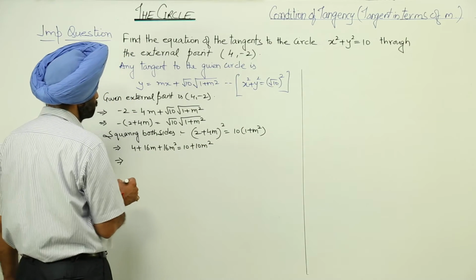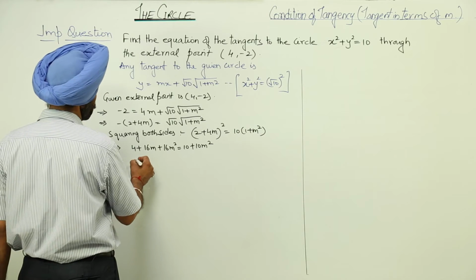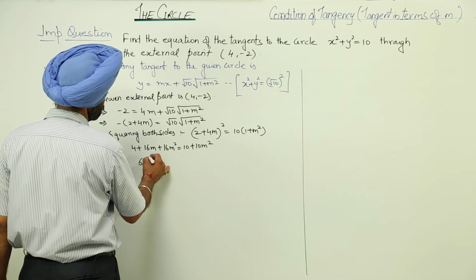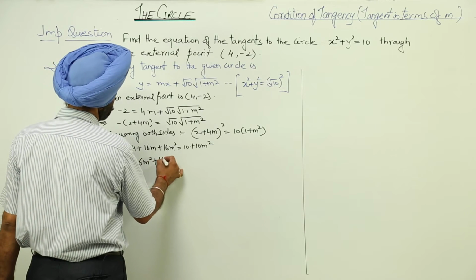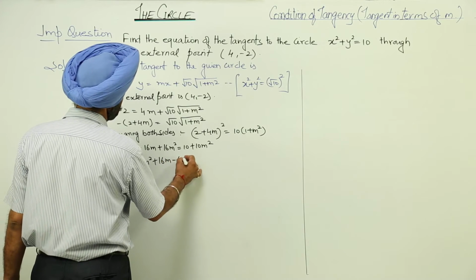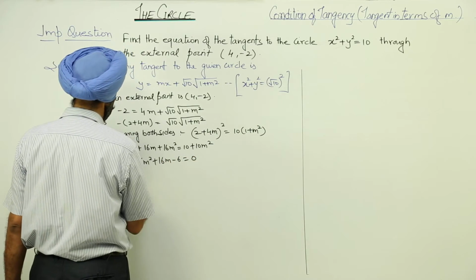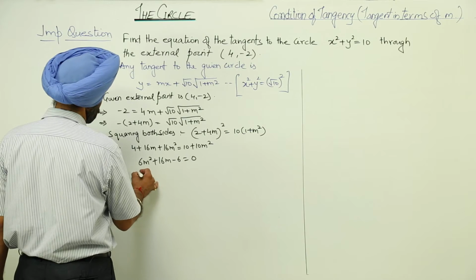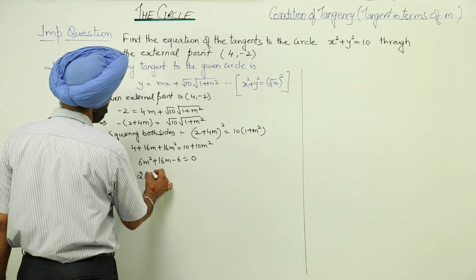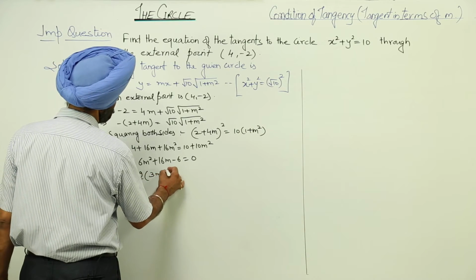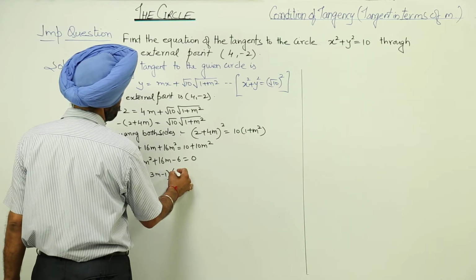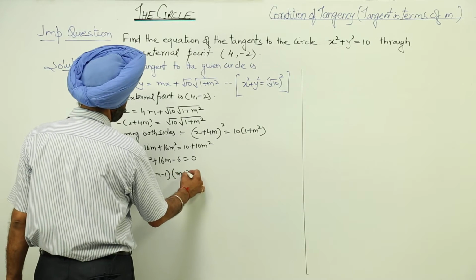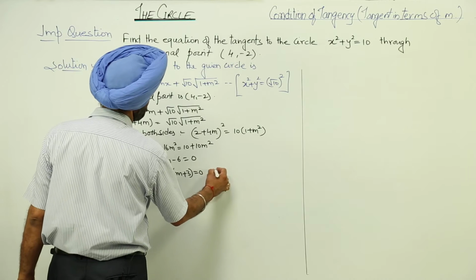Now this becomes 6m square plus 16m minus 6 is equal to 0, or 2 with (3m minus 1) with (m plus 3) is equal to 0.